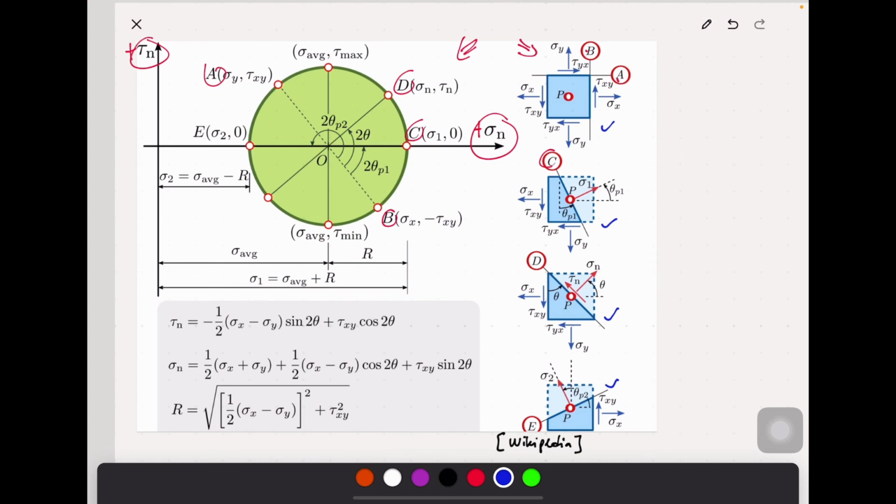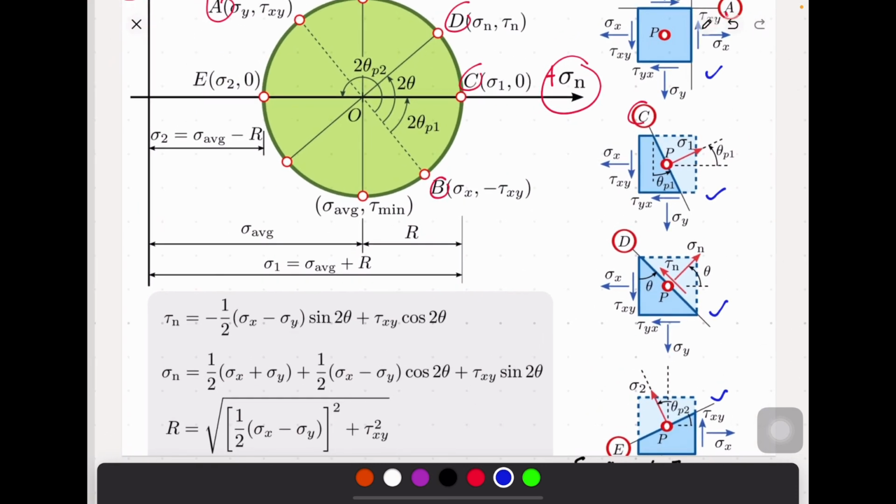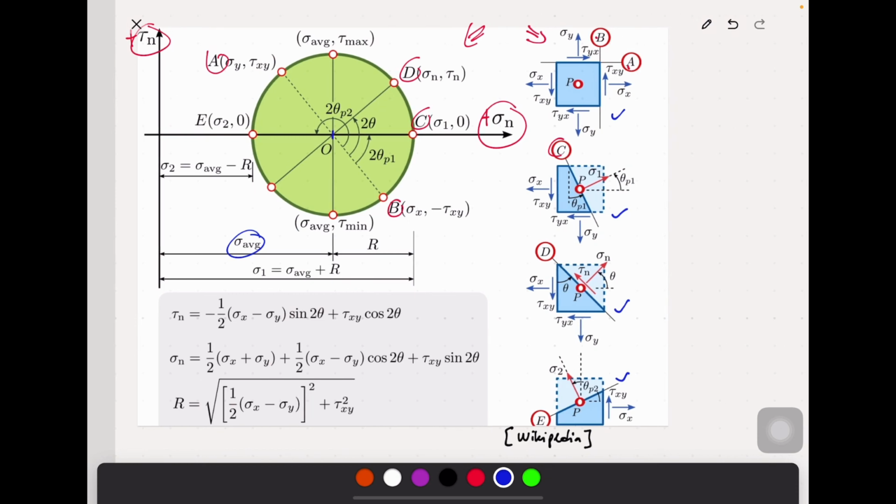So to understand this, it is important to know sigma average, the typical point where your center point is located. R is your radius, the radius of the circle. What else? A and B, right? A and B are opposite each other, if you like, sigma x for the A direction, B is sigma y.